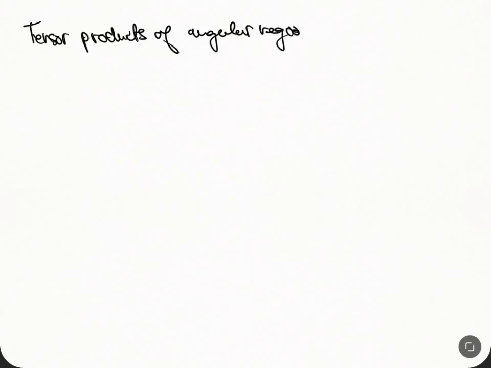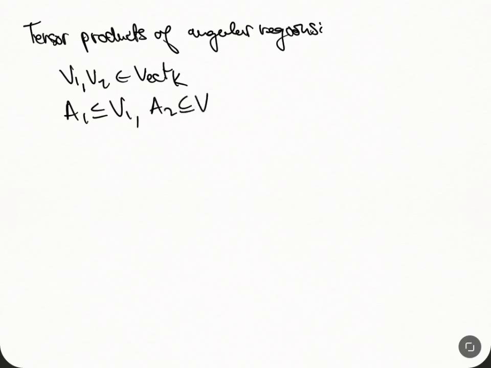Okay, so I can talk about tensor products of angular regions. We'll take vector spaces V1, V2 over some local Archimedean field. We're going to take A1 in V1 and A2 in V2.